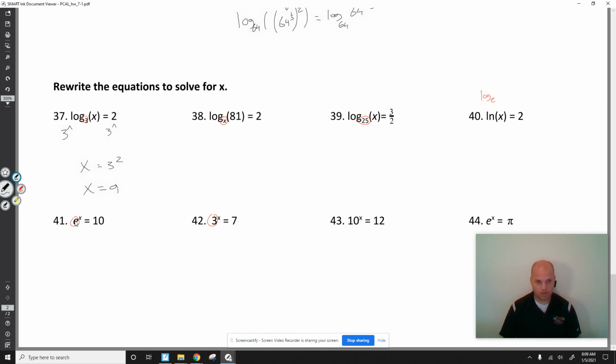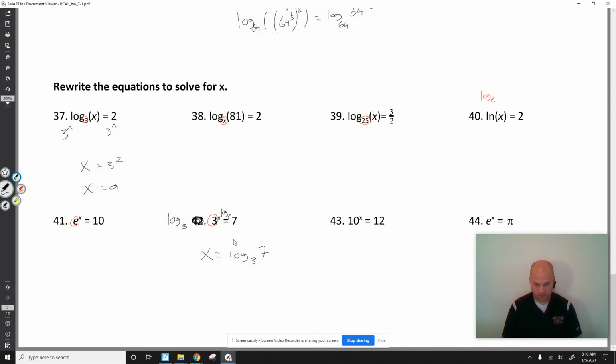If you have a number to a power, like let's look at this one, you would take the log base of that base number of the exponent. So log base 3 of both sides. Log base 3 of 3 to the x is just x, and then on the right side I have log base 3 of 7. We don't know what this number is.